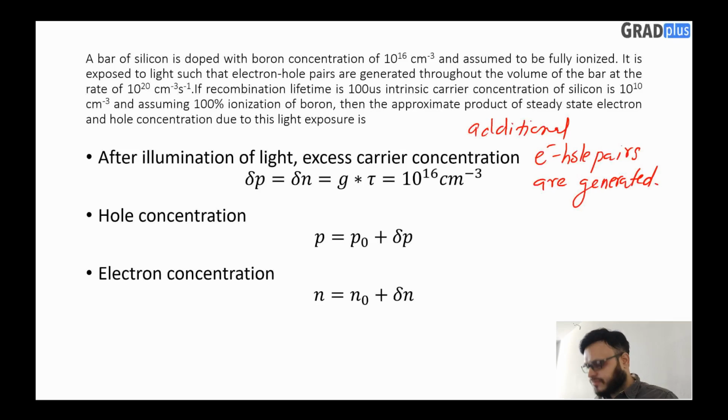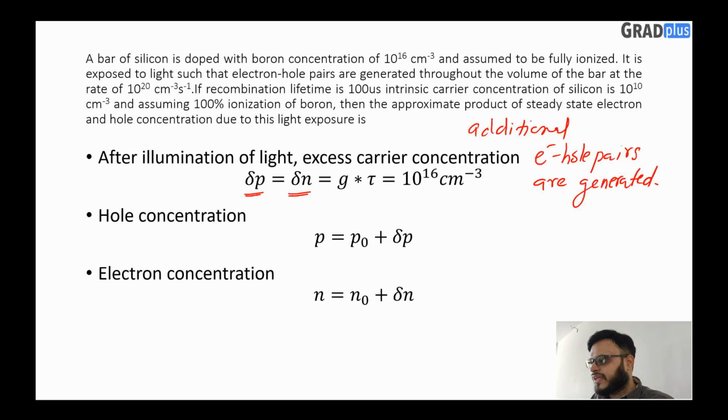So let us see how the number of holes and electron pairs generated will come into the picture and what will be the amount. Whenever an electron hole pair is getting generated, the amounts are equal.